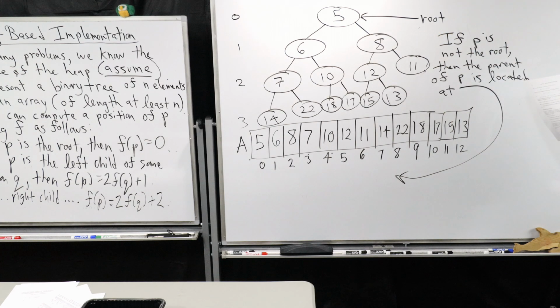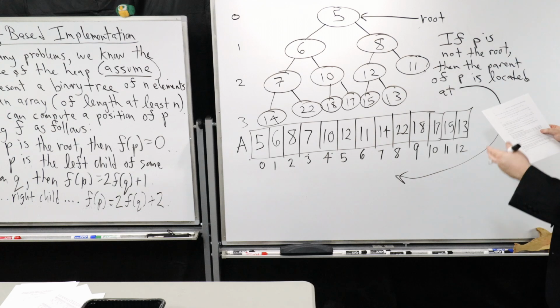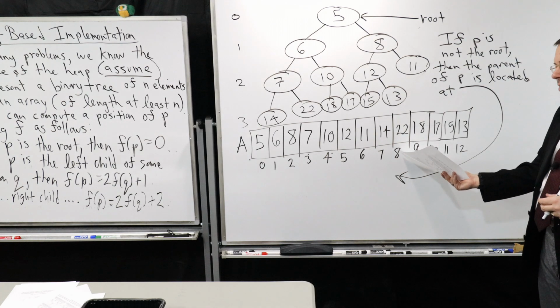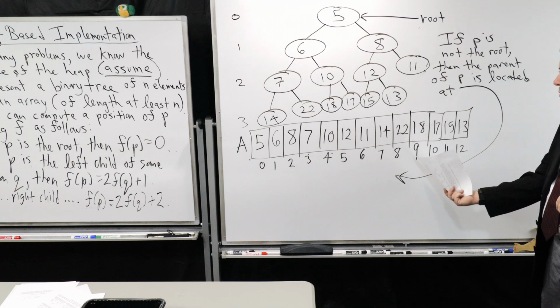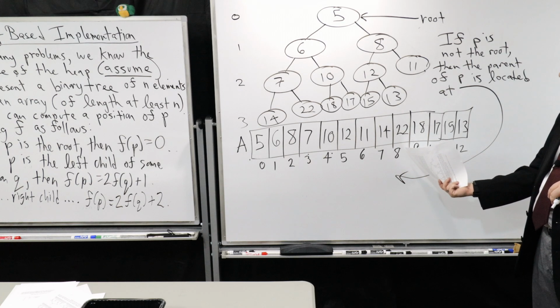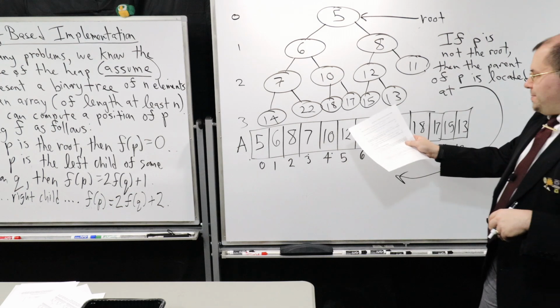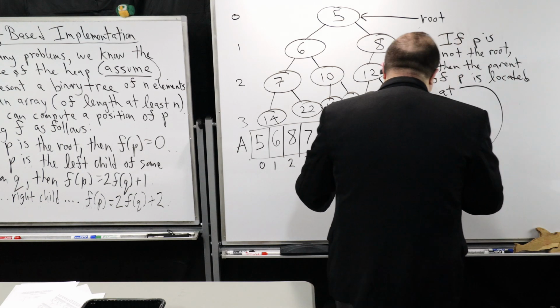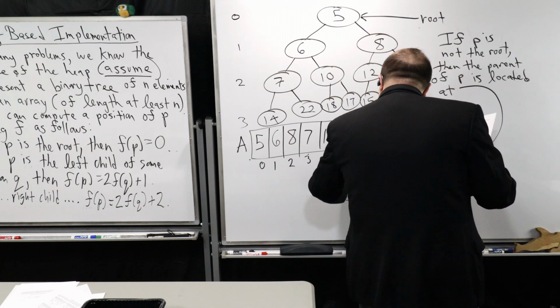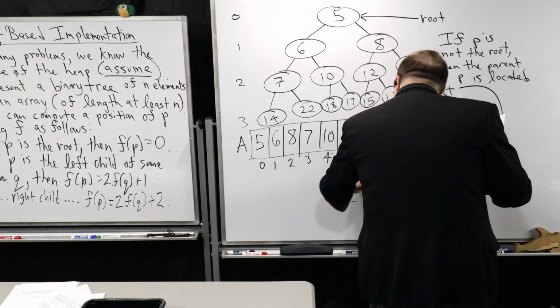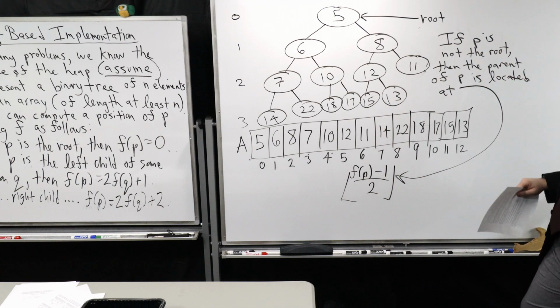So if you ever find yourself wanting to know where the position of the parent is, if I look at any one of the nodes here, or positions, for example, for 22, I should get 7. It would be in position 3. The parent here would actually be computed by going floor of (p minus 1) over 2, and you round that down.